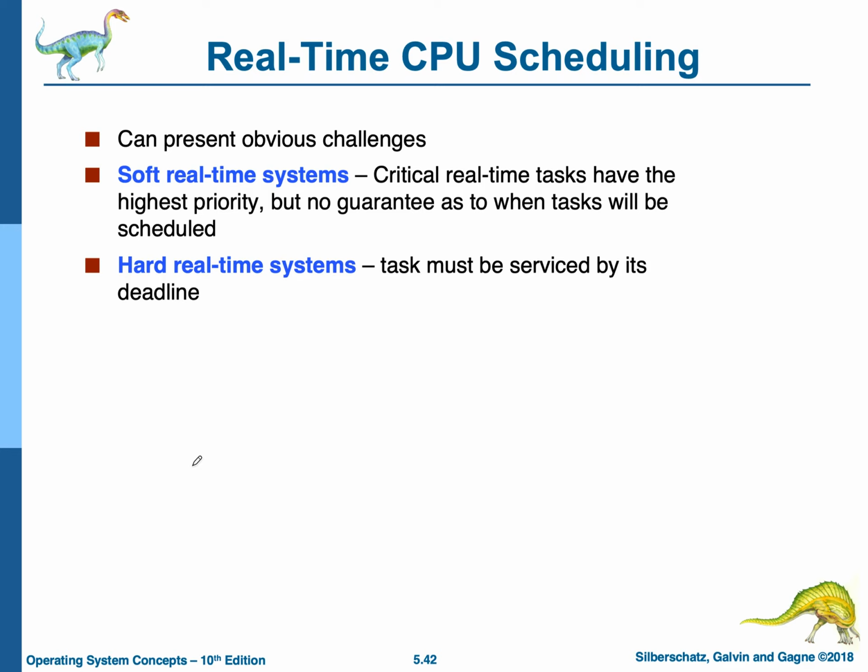There is a deadline defined for a task to finish, and the task must finish by that deadline. So there are two types of real-time CPU scheduling: soft real-time systems and hard real-time systems. Soft real-time systems are systems where the CPU tries to perform the jobs with priority, but it does not guarantee, because the aging and starvation factors may be involved.